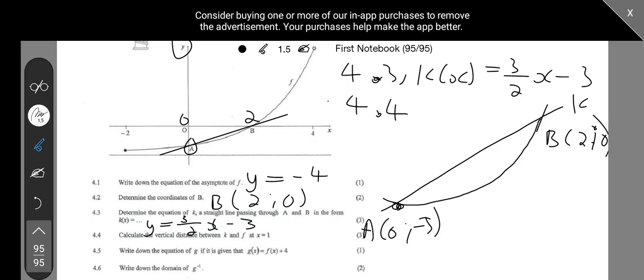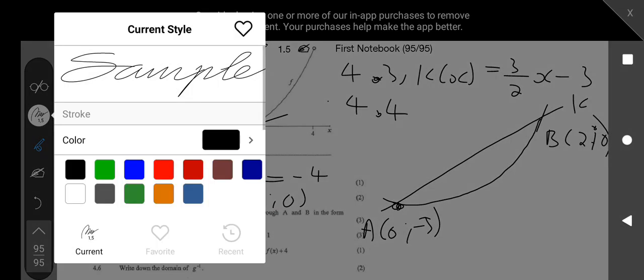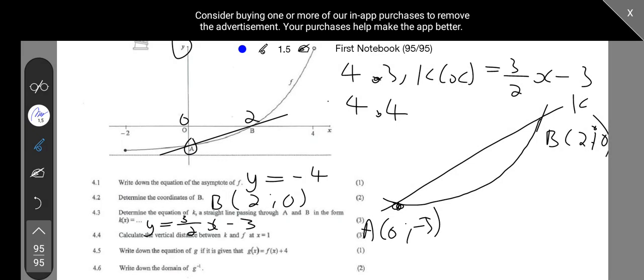What they are saying here is that somewhere, let me use a different color, we're going to have a vertical line at x equal to 1. So they want the distance of this vertical line. Calculate the vertical distance between k and f. The line must be between k and f.